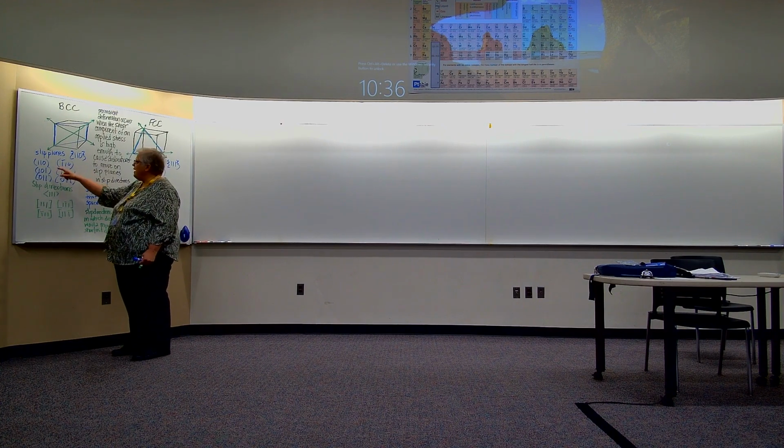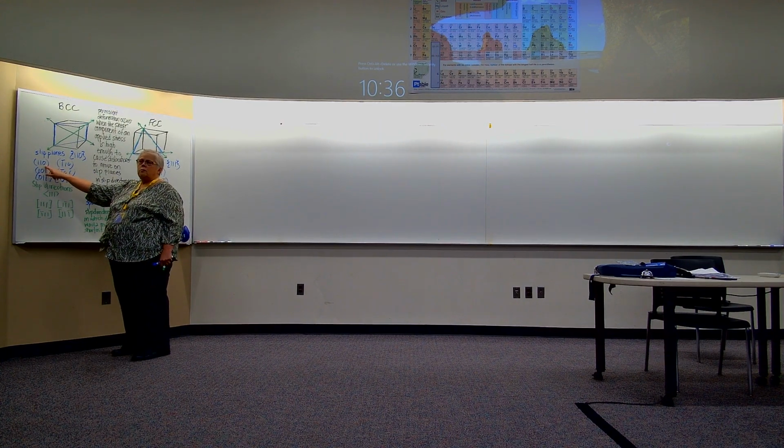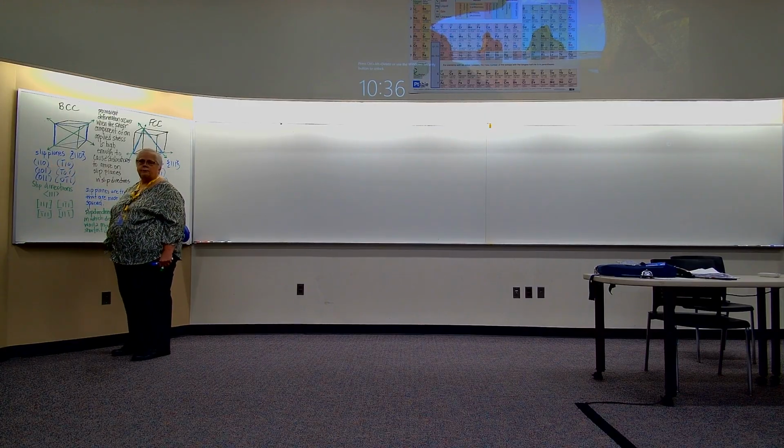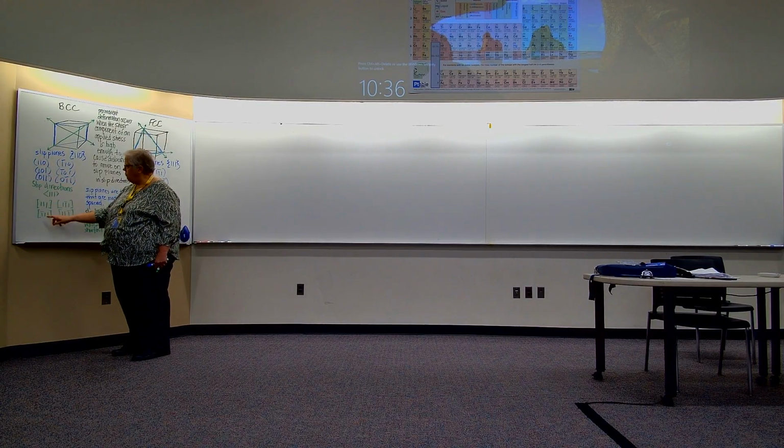So, for example, for the 1, 1, 0 plane, 2 of these directions are on that plane. The 2 that are on this plane are the ones that have a dot product of 0. So that would be this one, -1 times 1 plus 1 times 1 plus 1 times 0 is 0.